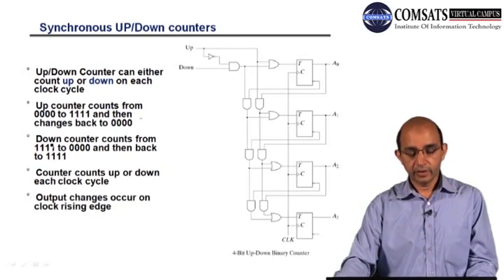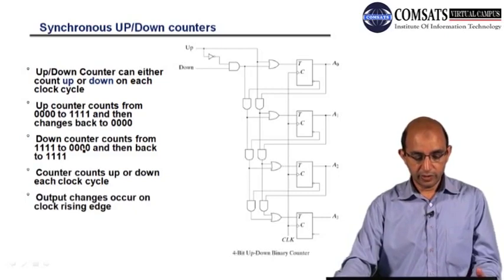On the other hand, if you want to count down, we can think about 1 1 1, and we can count down till we reach 0 0 0, and then we will go back to 1 1 1. So we can perform one operation at a time, we can count up or we can count down. We will be verifying this.